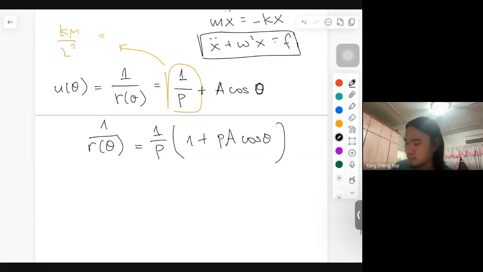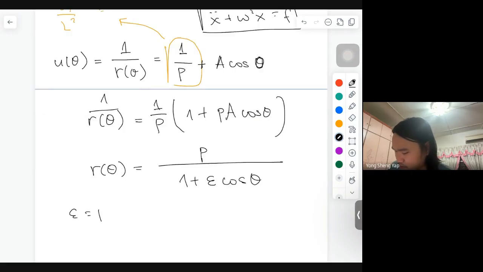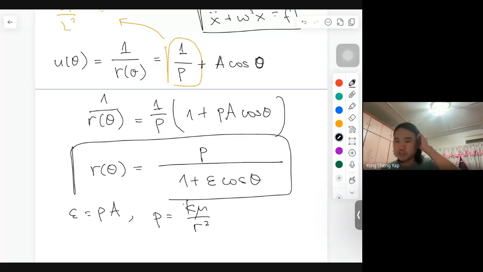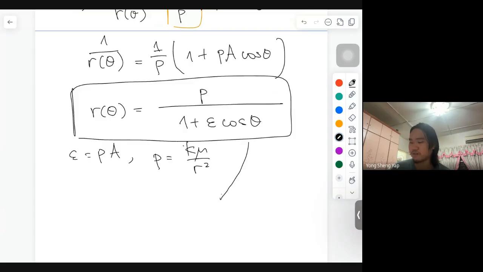I'll write it in a very suggestive way: r of theta is equal to P divided by 1 plus some constant epsilon times cosine theta, where epsilon equals P A, and P is equal to L squared over k mu. Okay, so this is the equation for the motion of the reduced mass.